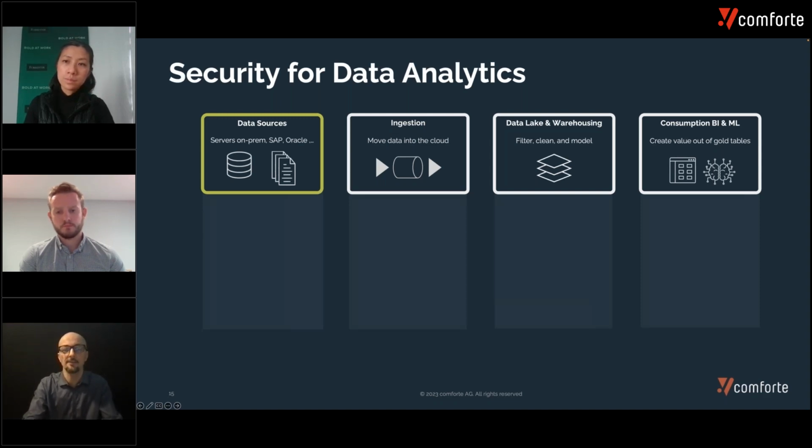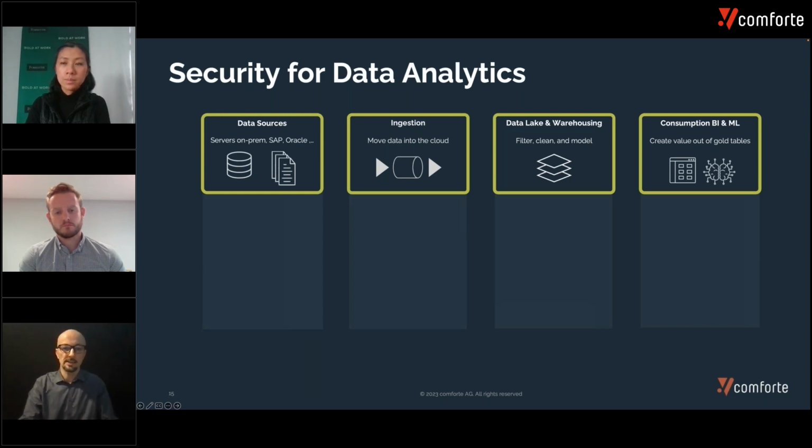So let's take a look at how we can help better protect data analytics environments in particular. Also here, a super simplified view. In modern data environments, data is of course moved from different sources to cloud-based data stores where it can be analyzed. So we have data sources, then we have data ingestion, basically moving that data to a central storage in the cloud, a data warehouse, for example, or data lake, where data is prepared for consumption, so we can finally use it in our BI tools to analyze, identify patterns, and actually create that real business value out of it.